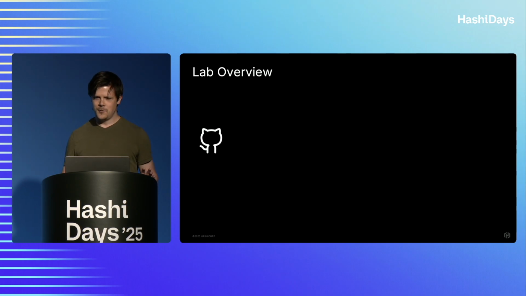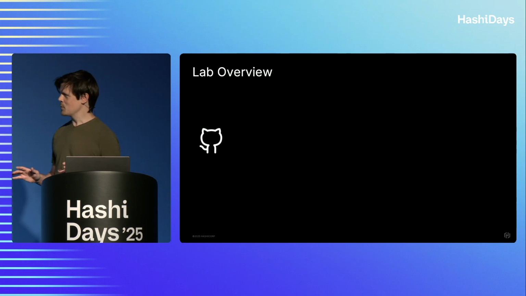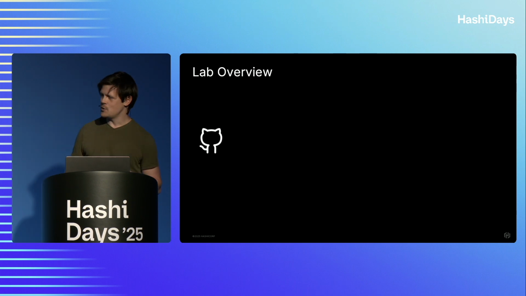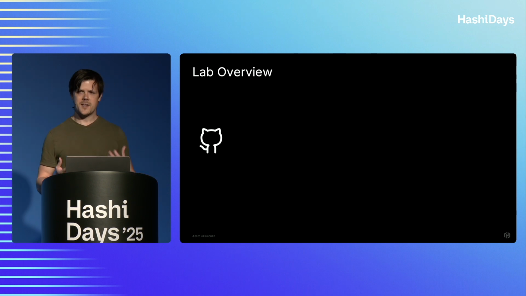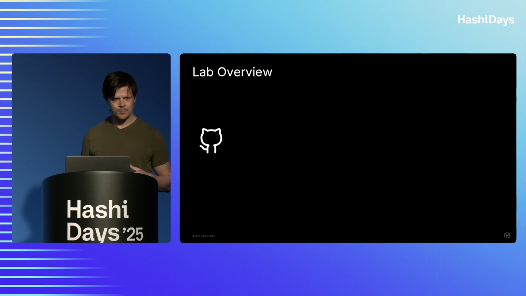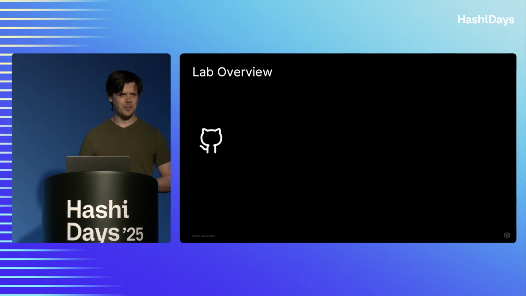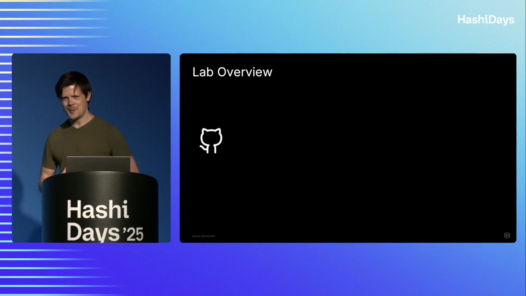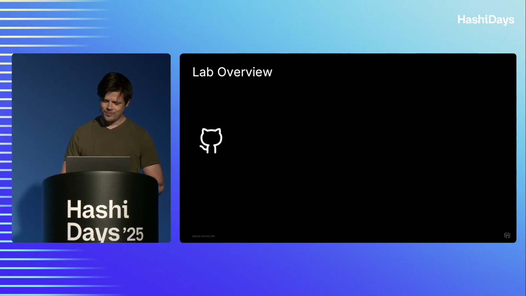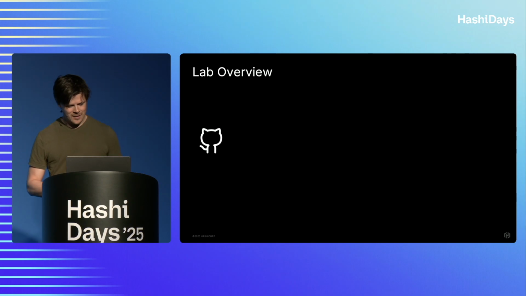I might make a few people a little mad when I explain what's in this repo, because it's probably not how you should do it in production. But for the sake of the lab, we've put everything in one repo. That's the Packer template, the Terraform configuration, the application code, the build scripts, literally everything. I'll point out, GitOps does not mean a single repo, but in this case it is.